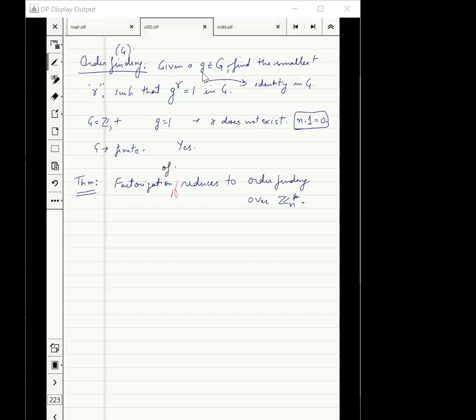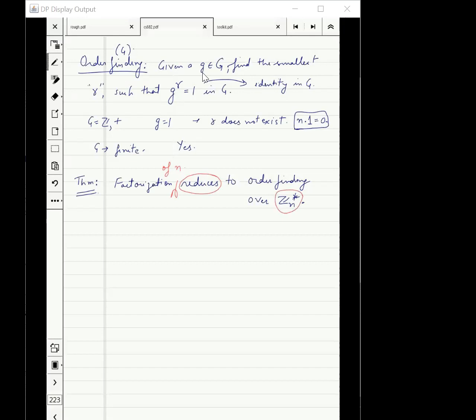If I want to factorize number n, then it reduces to order finding over Zn star. This is the theorem we are going to prove. Even then, for some people, we need to clarify two terms: reduces and Zn star.